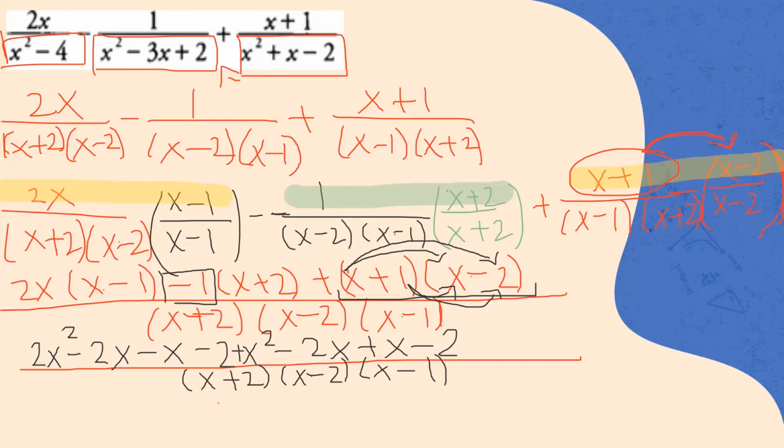Now, when you are done doing that, what is the next step you're supposed to do? You are supposed to combine the like terms. And what are your like terms? Oh. So your like term is 2x squared. That's your first like term.